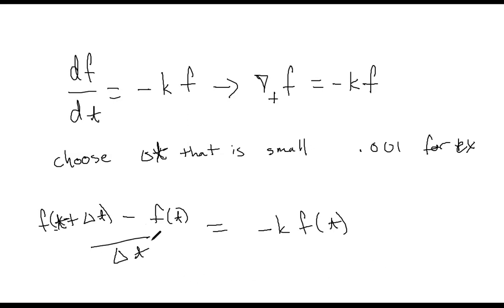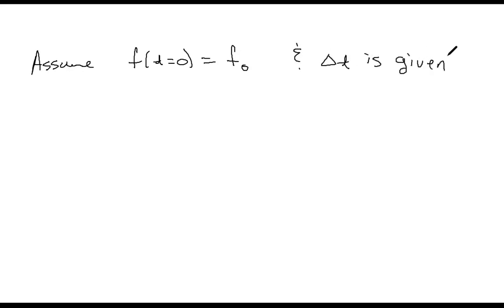All right, so now what we're going to imagine is, assume f at time equals 0 is specified. Okay, so assume that the initial value is determined, and also delta t is given, say 0.001.